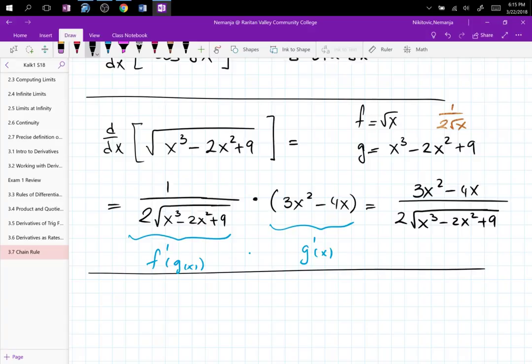So they have some interesting examples in the textbook. How about e to the square root of x? Go.